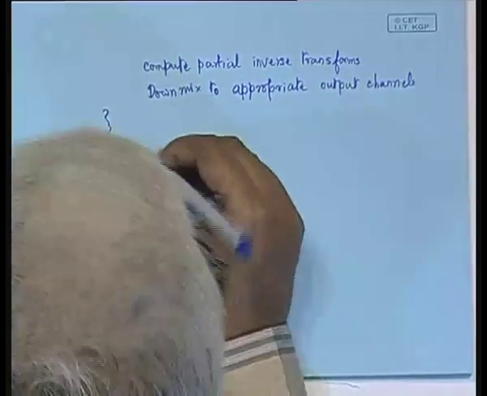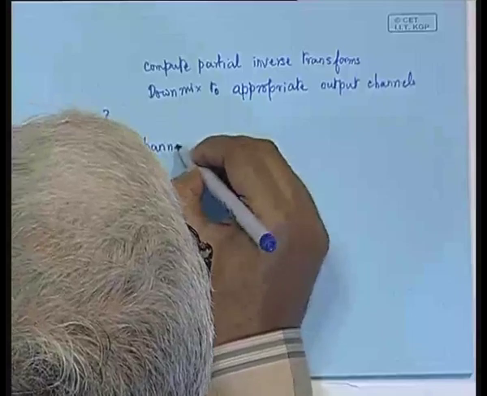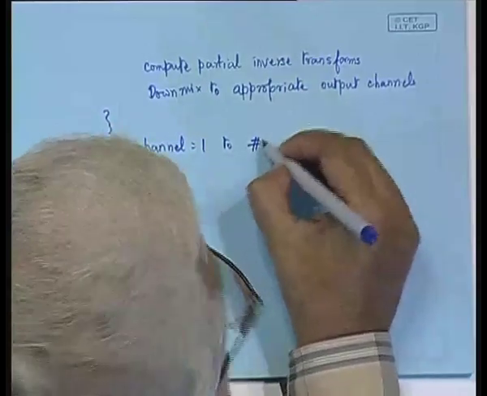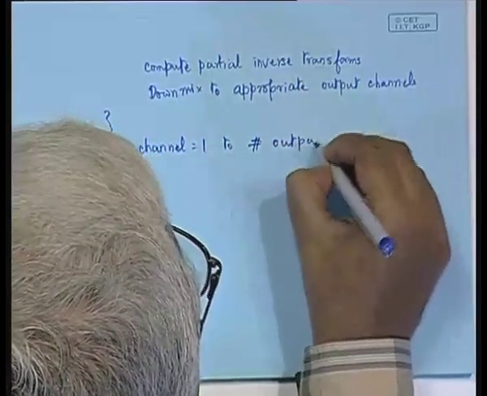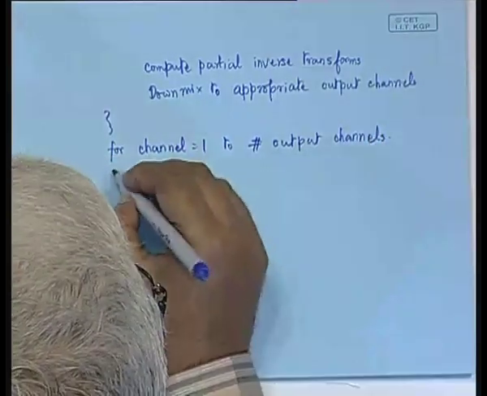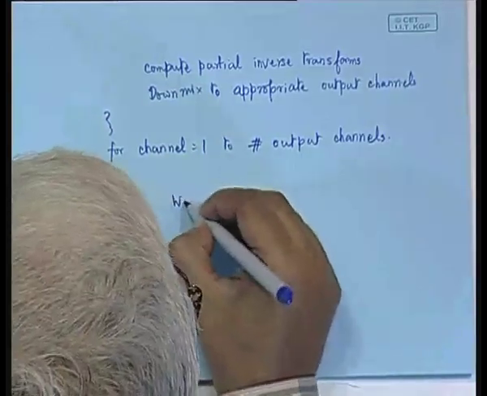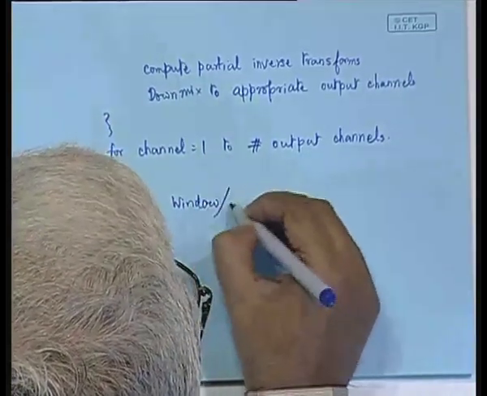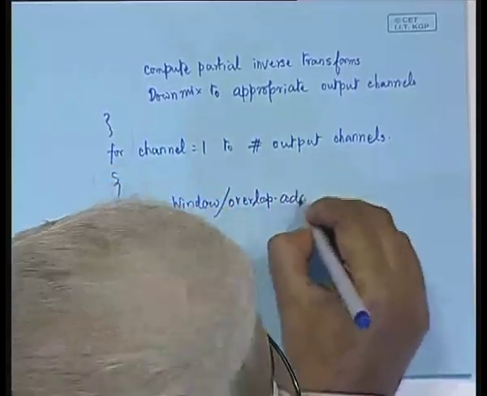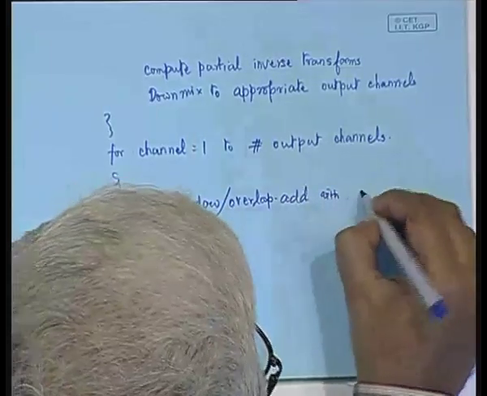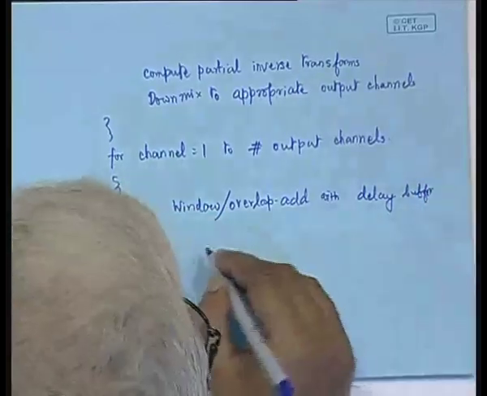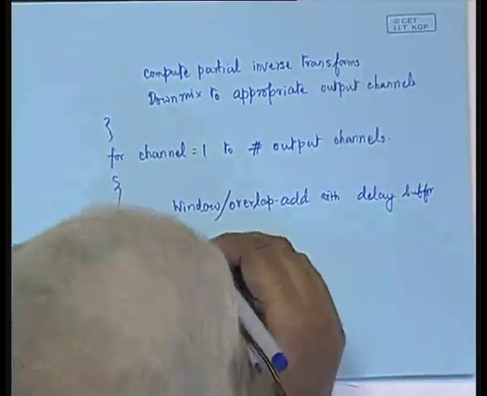for channel number 1 to the number of output channels, we do the windowing and overlap and add, and this extracts the PCM samples.